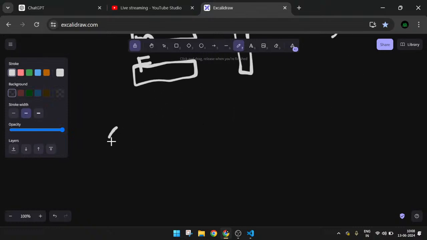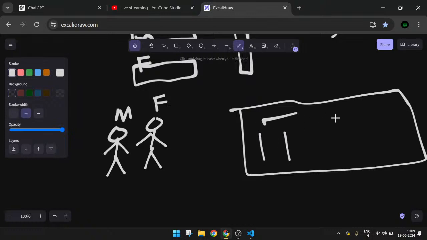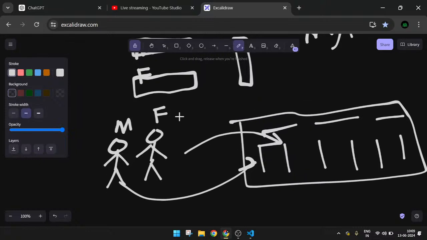What I'll do is input the number of males and number of females traveling in the train, and then I'll have a rough container in which there would be different seats, for example, every bogie. Then I'll try to arrange these males and females inside this container so that no female and male face each other. So I'm trying to create this algorithm.